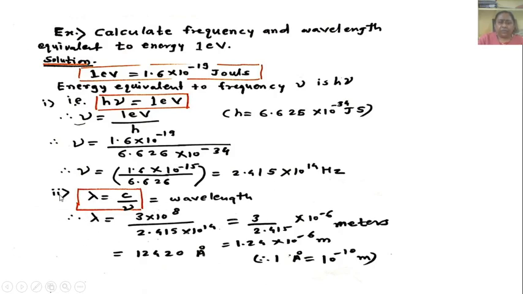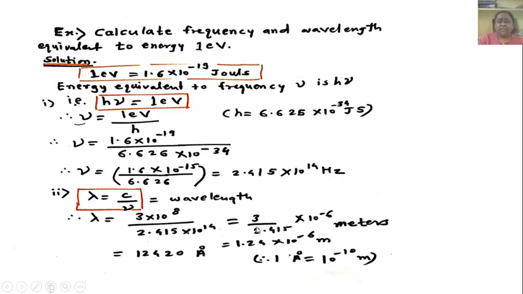Now we also calculate λ, that is the wavelength. λ = c/ν. Putting the values, λ = 3 × 10^8, that is the value of c, upon 2.415 × 10^14.